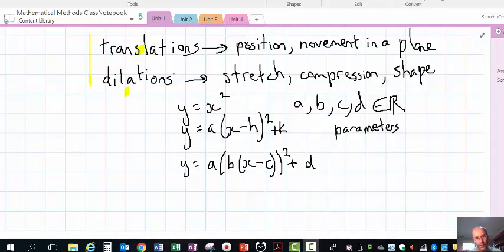We've got a outside of b, outside of x minus c, and then close the brackets twice. That's all squared, and the d.